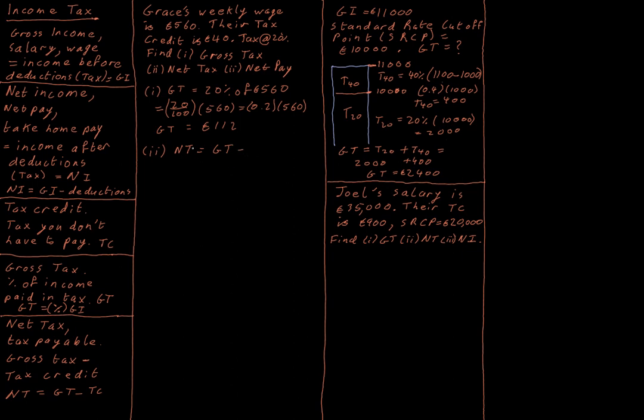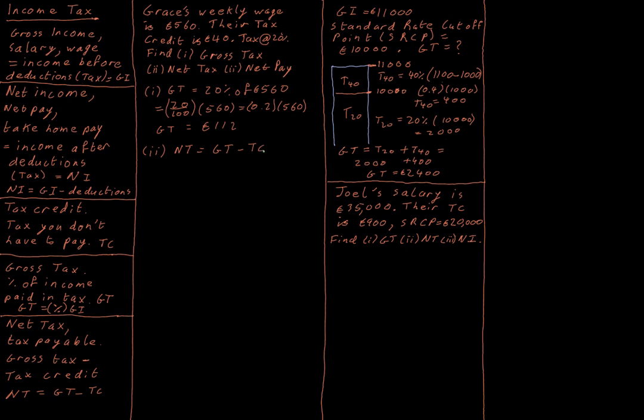So our net tax, our tax payable, net tax and tax payable mean the same thing. So the amount of tax you actually have to pay is equal to our gross tax that we just calculated minus the tax credit, being the amount of money we don't have to pay in tax. The government says we don't actually need all of this €112. We can say you don't need to pay €40 of that.